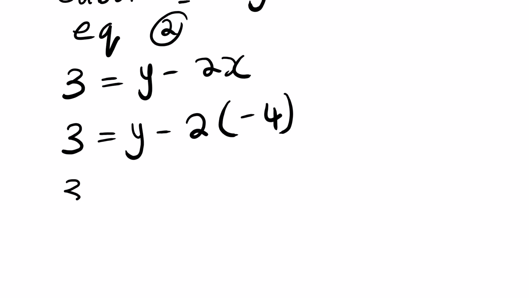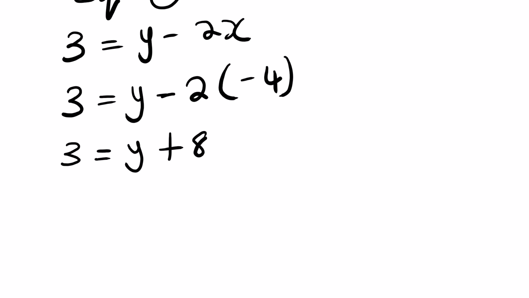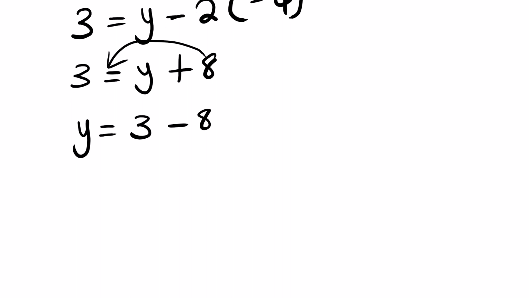From here we can see that we no longer have x variable, then we solve for y. Negative 2 multiplied by negative 4, it's positive 8. And then we have y equals to 3. We are going to transpose this to the other side, negative 8. And then our y is equals to negative 5.